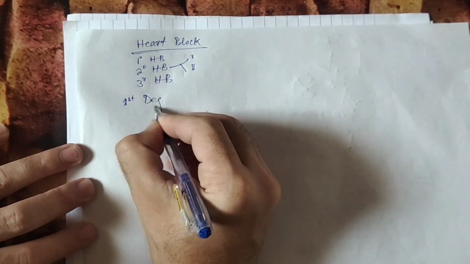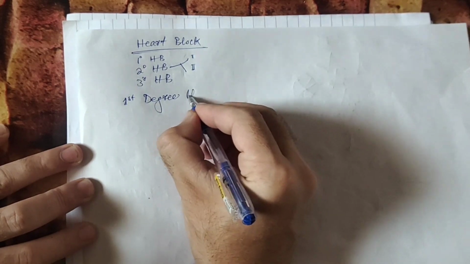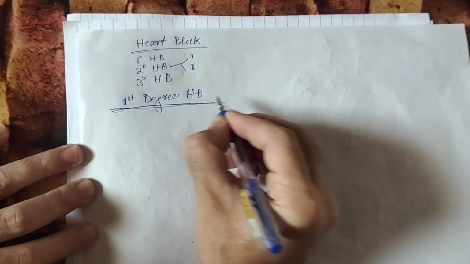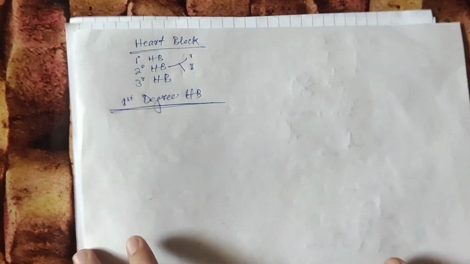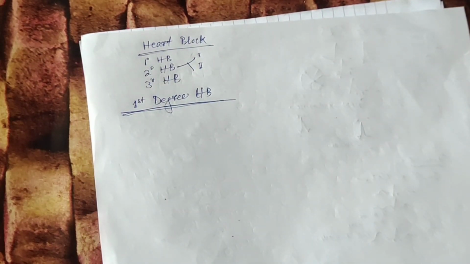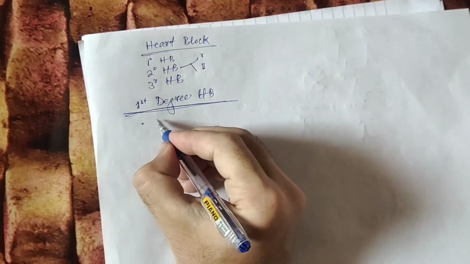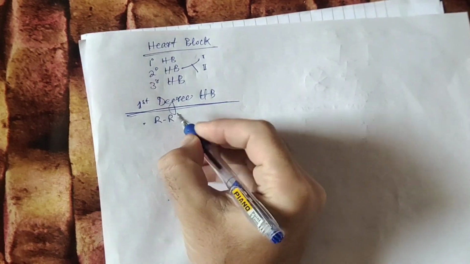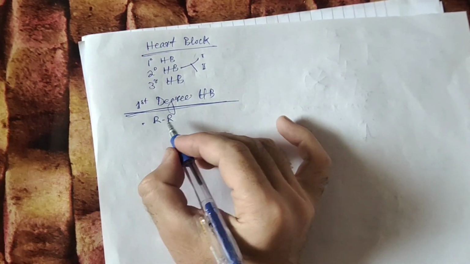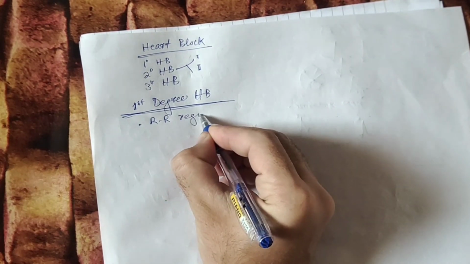First degree heart block. How do we know that there is first degree heart block in ECG? The distance between RR is regular.